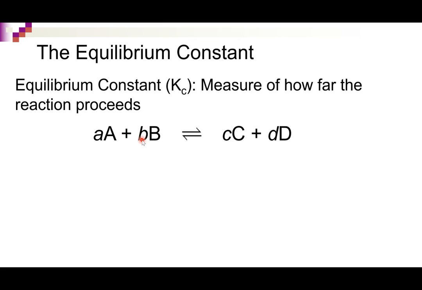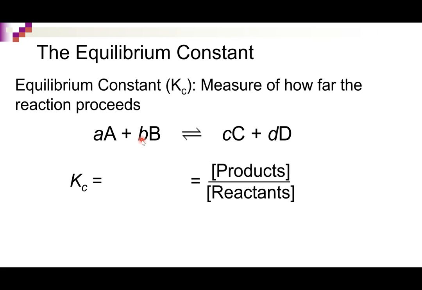Okay, so how do we go from a chemical reaction to this equilibrium constant K? Well, it's going to be the concentration of the products over the concentration of the reactants. So products over reactants, okay?